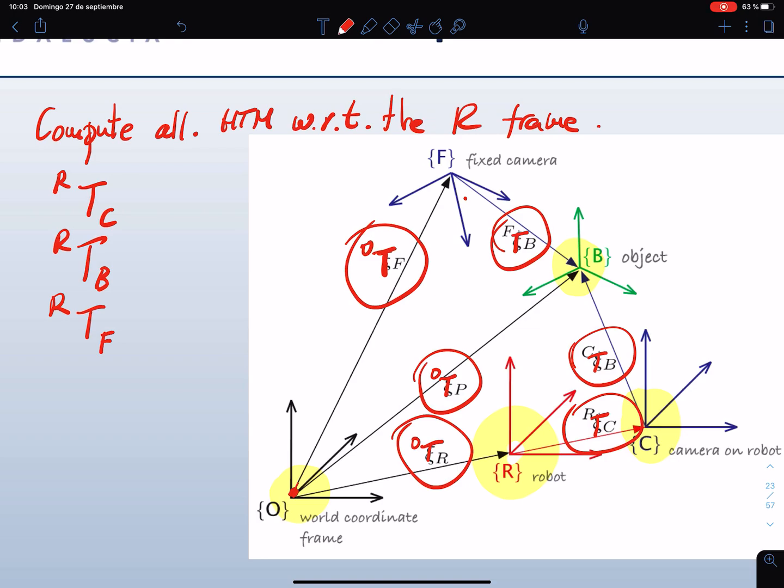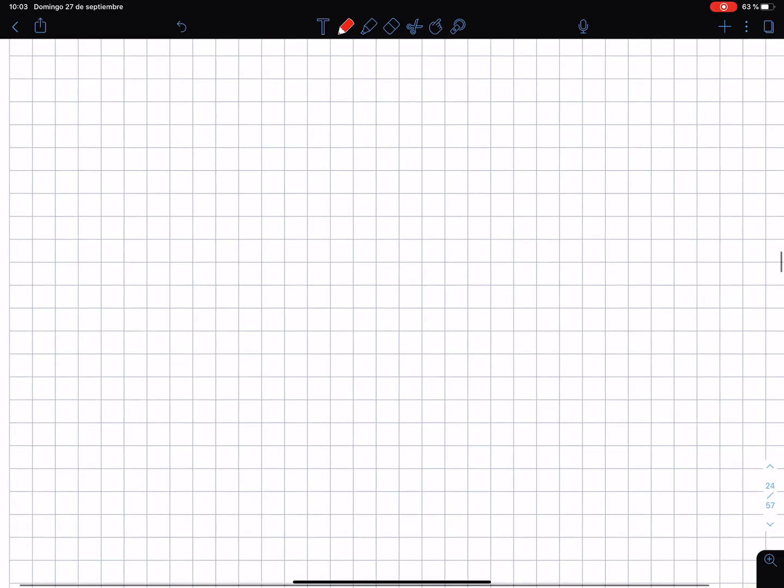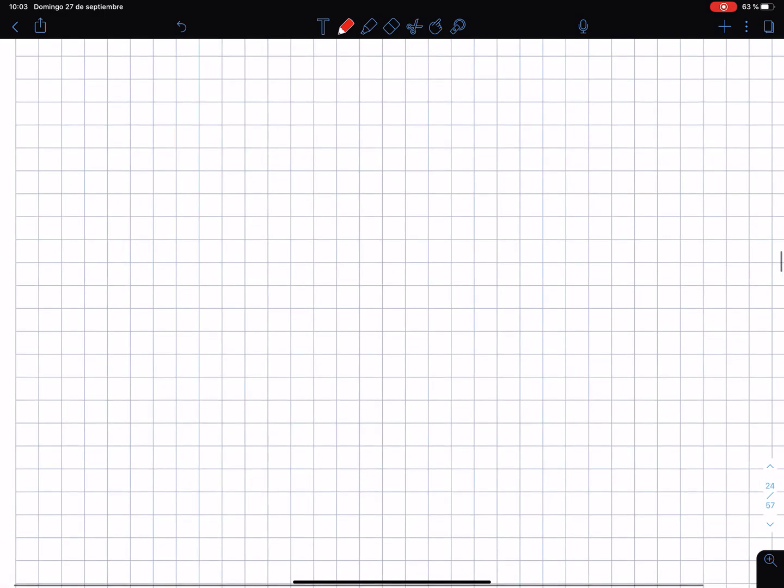That's how we would change any coordinate expressed, for example, in the C frame. This will give us how to change those coordinates into the R frame. So in order to do that, we have a white page next, and let us just analyze it. Let us just start by C. RTC is the matrix that will transform from PC to PR.